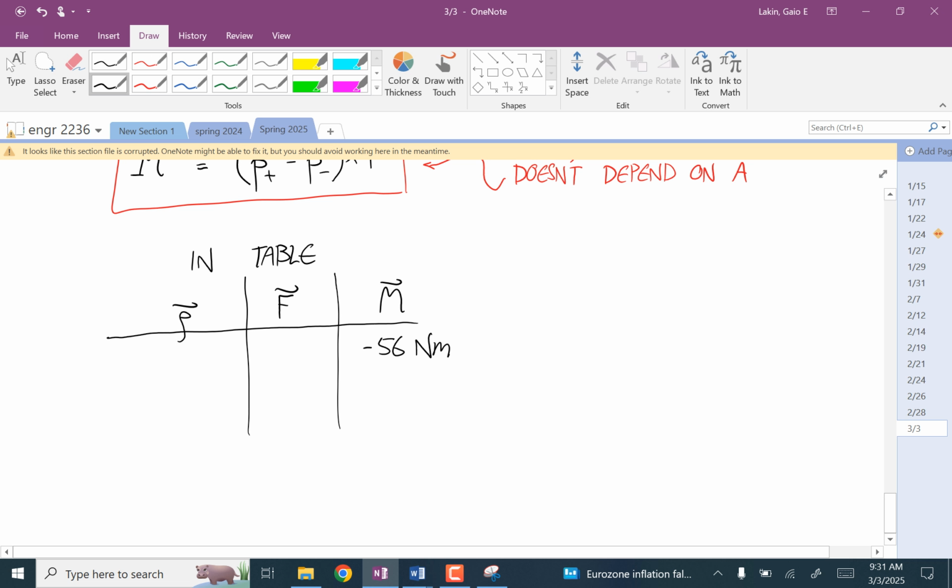These two are irrelevant for the couple. The force is irrelevant because you're adding up two equal and opposite forces, so they add up to 0 force. And the rho is irrelevant because you don't care what the about point is. So moments will pretty much always be given to you just directly as a couple that you just add on to the other couples going on.